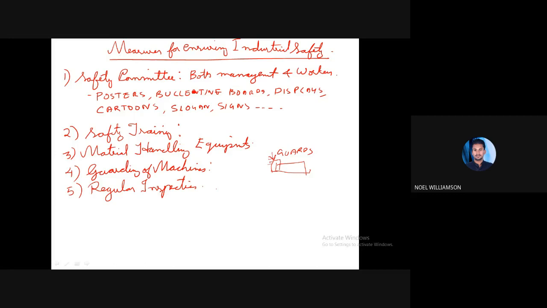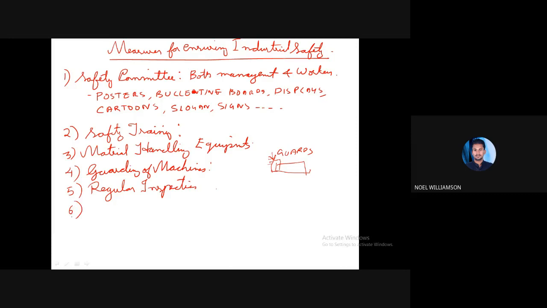That is a periodic check should be done on the basis of the time. We can keep a time for that once in a week or like that. There should be a regular inspection of each and every machine or each and every equipment to prevent the forthcoming accidents or damage.